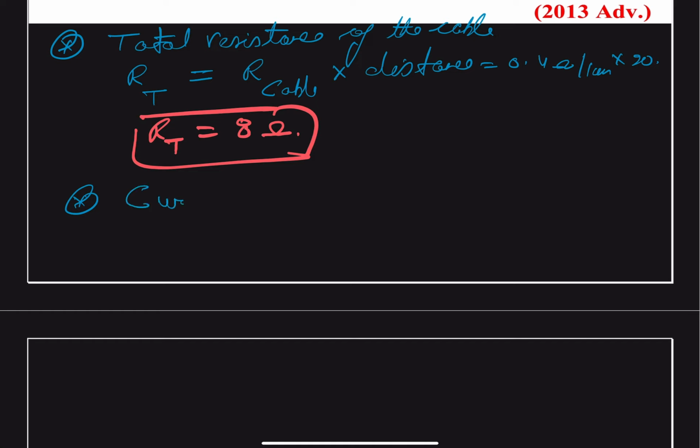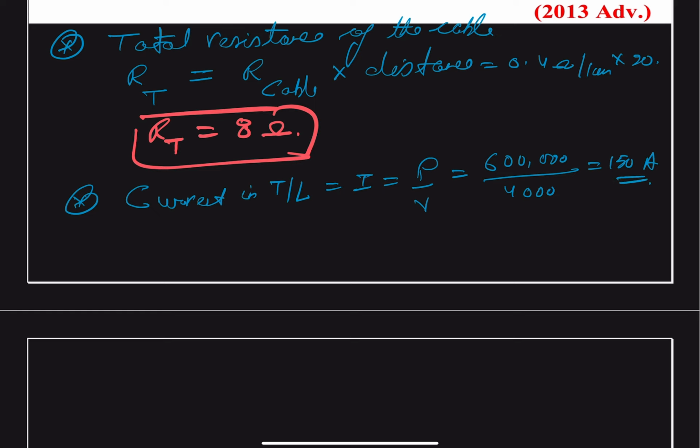So if the current in the transmission line is given as I, then I is equal to P divided by V. It is our 600 kilowatt, so we can write this as 600,000, divided by the voltage, which is 4000. So the current will come as 150 amperes.